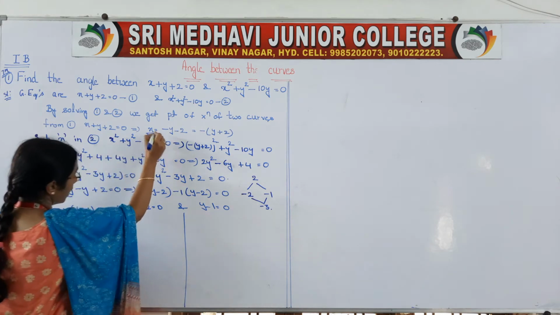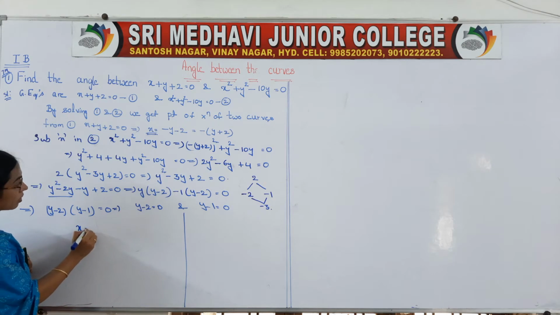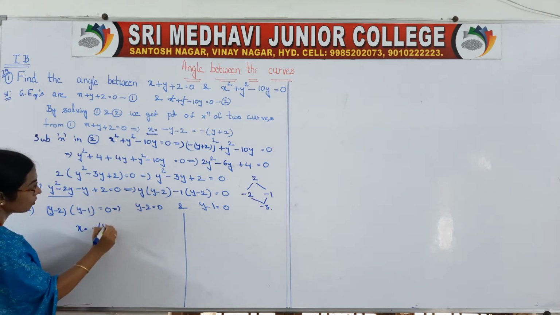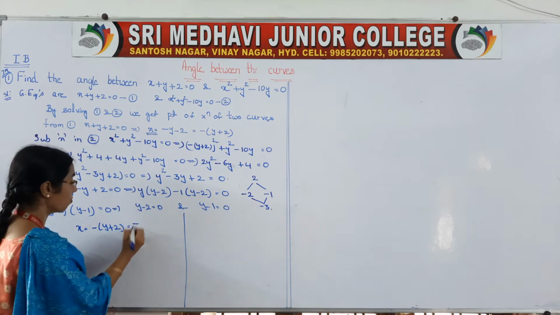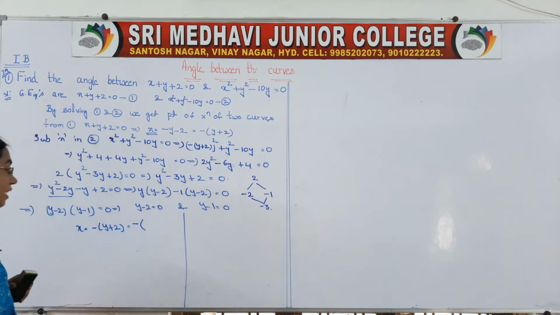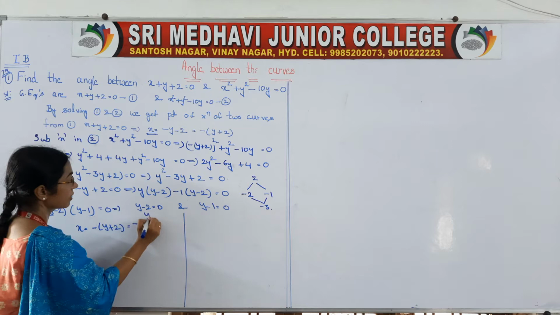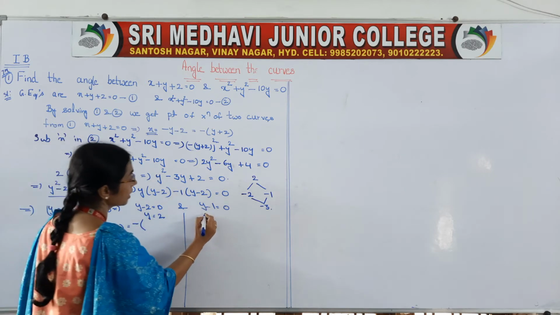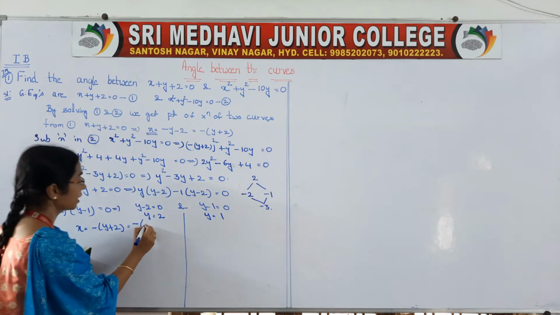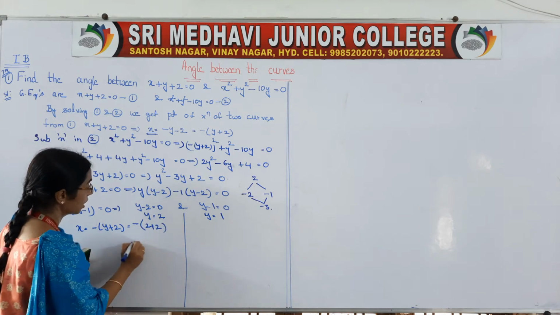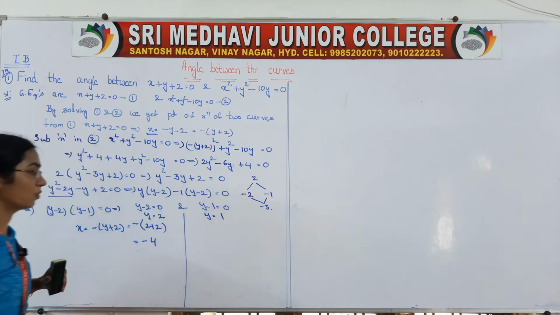You know your x. So x is equal to minus of y plus 2. Okay, so it is equal to minus of y plus 2. Here your y is equal to 2 and here your y is equal to 1. So it is minus of 2 plus 2, which is equal to minus 4.